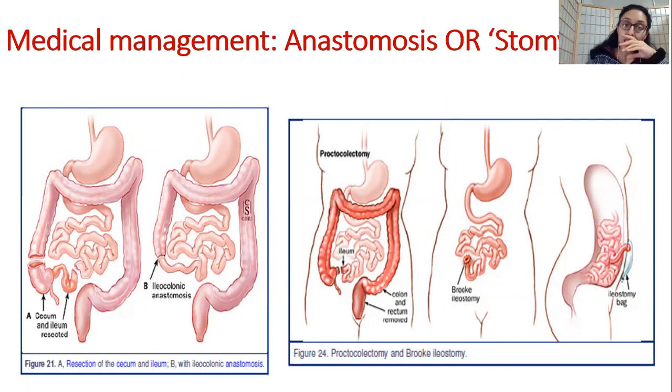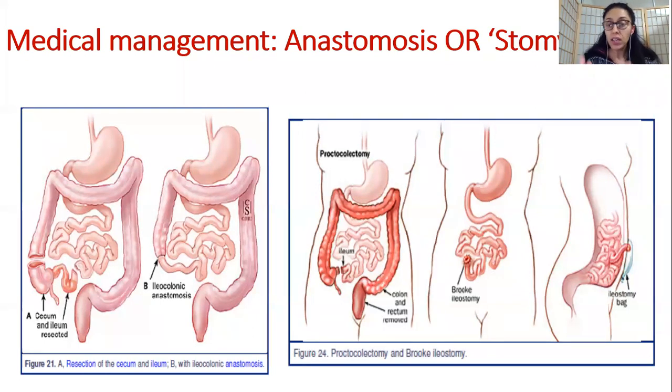If, for example, a major part of the small intestine is cut off and you can't connect the small intestine to the large intestine for the normal fecal matter to pass through the anus, you may have an ileostomy bag. So there is a bag outside of the body and the fecal matter is collected in the bag. Now remember, this fecal matter may not even pass the large intestine. It may go directly from the small intestine into the bag. So depending upon what part is cut off, the bag may be placed.